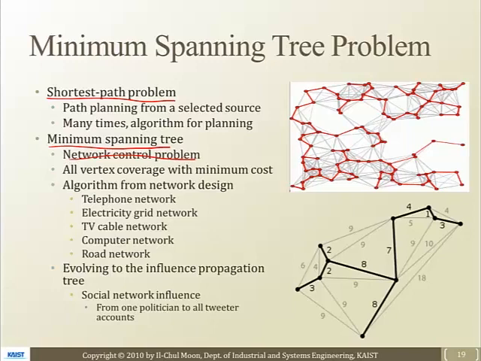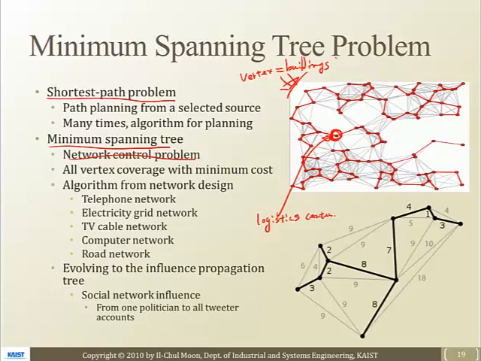For example, we are going to select a certain node to install the logistics center. And the vertices are equal to the buildings we have to cover to deliver our supplies.